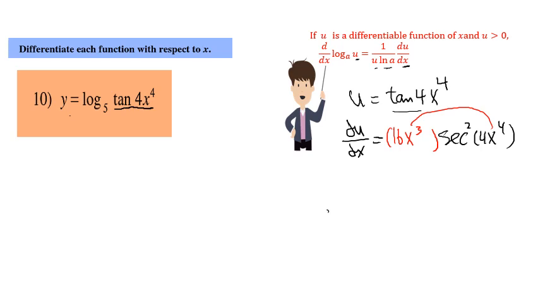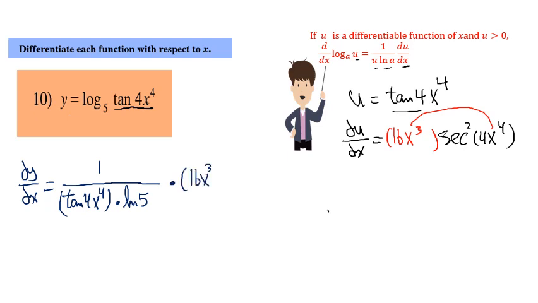So now I can write that dy/dx is equal to 1 over tan 4x^4, multiplied by ln of 5, multiplied by the derivative, which is 16x^3 sec squared of 4x^4.